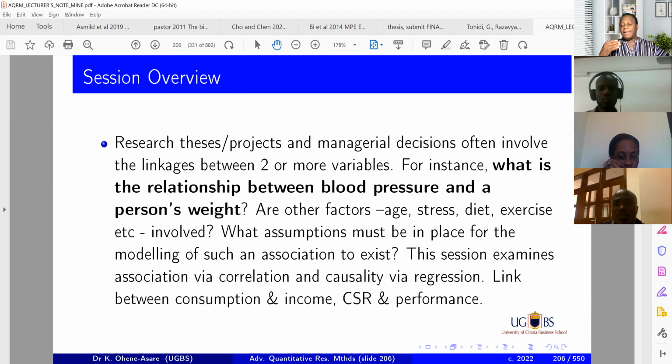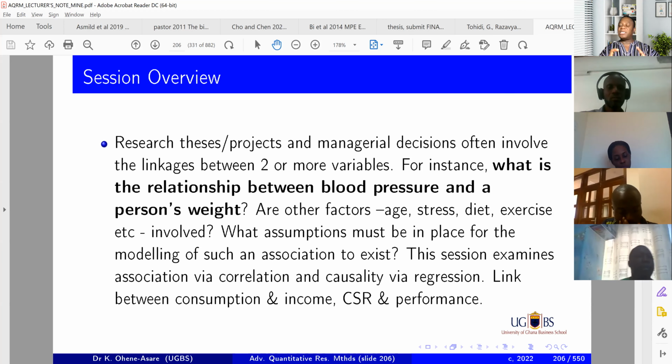Now, the connection, is it linear or log linear or nonlinear? What is the meaning of nonlinear and linear? What assumptions must be in place for you to establish the connection very well? That's the essence of what we are going to do.